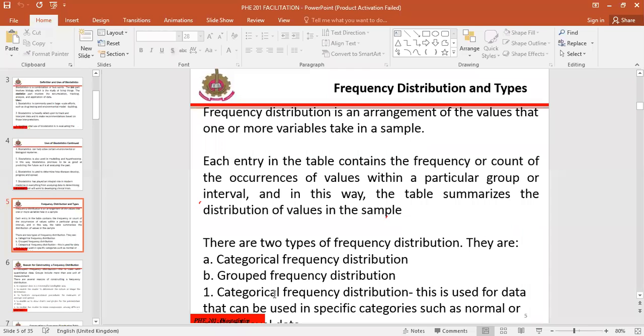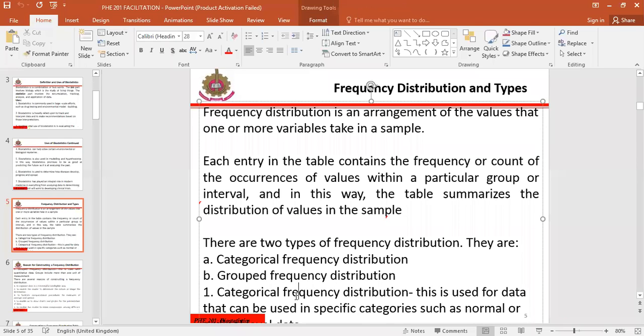But if data are grouped, that is grouped frequency distribution, you can have something like, maybe you are trying to get the, I don't know, which kind of example can I use for you? Okay, let's say you have players, like I said earlier. Or okay, let's say you want to talk about the speed of vehicles.